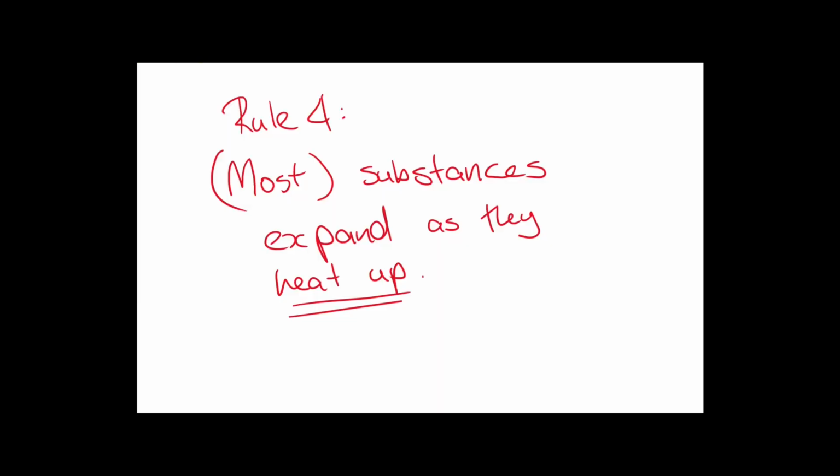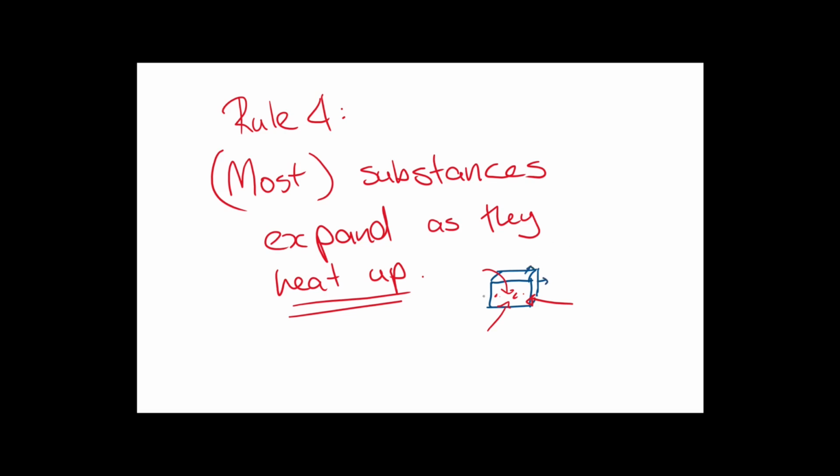All right, the next rule, rule 4. Most substances expand as they heat up. So if we have a piece of metal here, let's say iron or steel, and we put some heat into that, so we make this hotter, this is going to want to expand outwards.